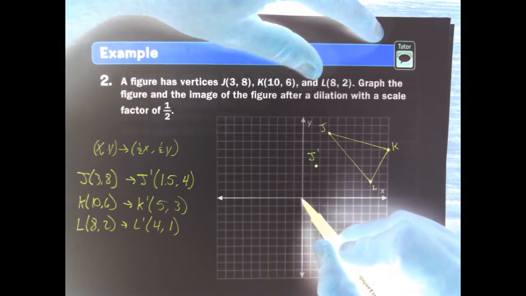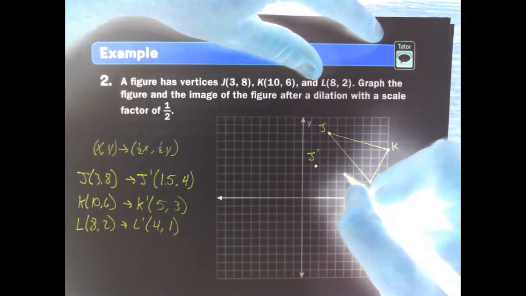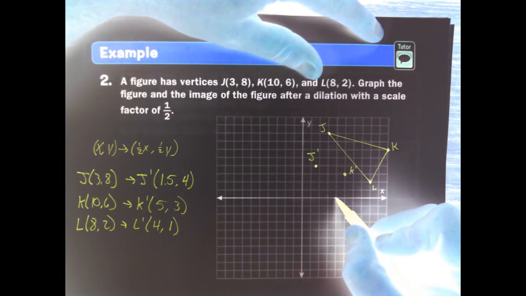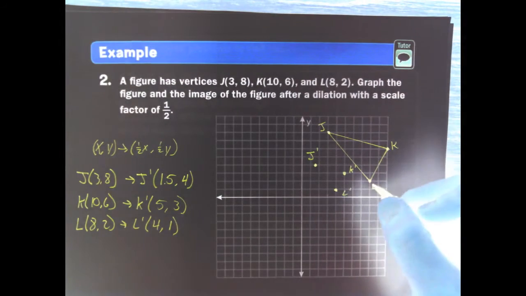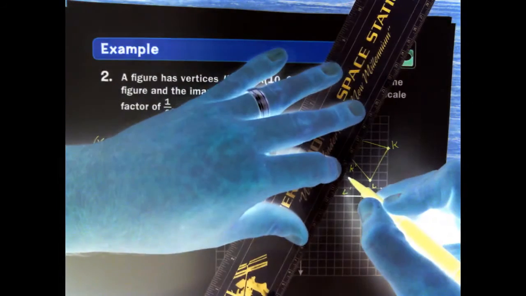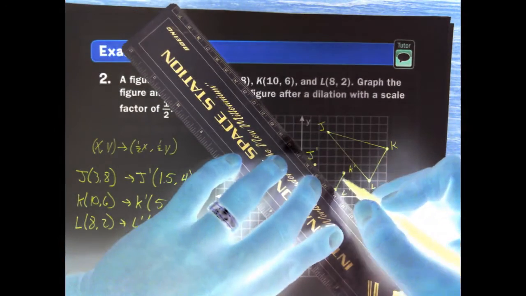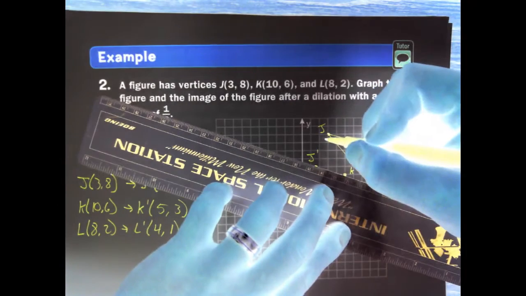K prime would be (5, 3). And L prime would be (4, 1). So here is an image that is half the size of the pre-image.